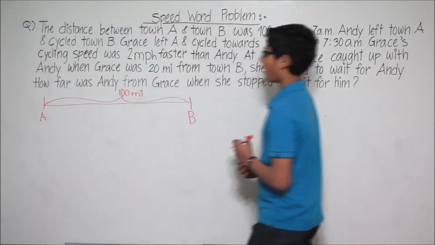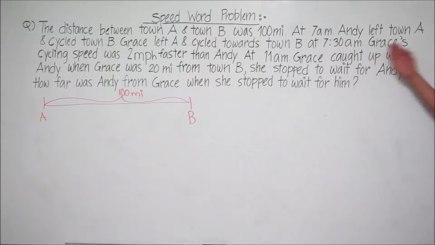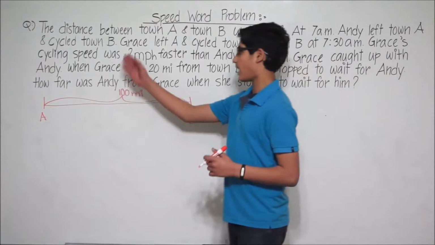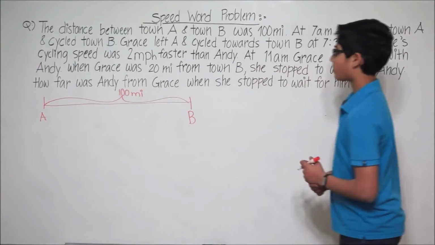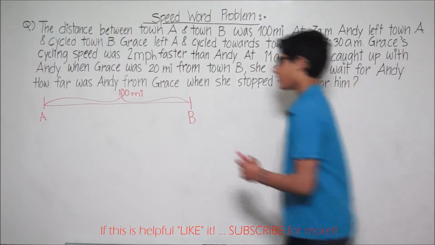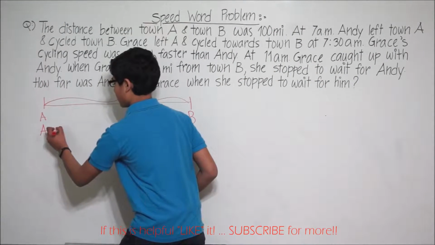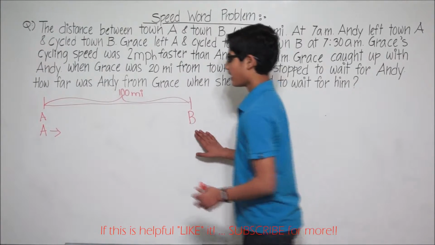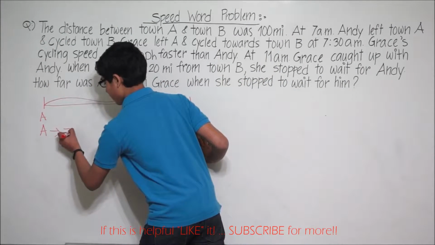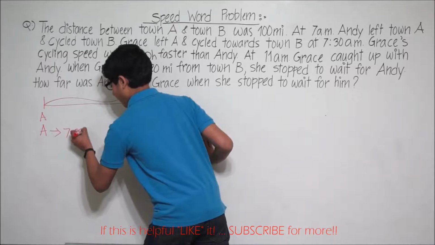Andy, A for Andy, left town A and cycled towards town B at 7 a.m.